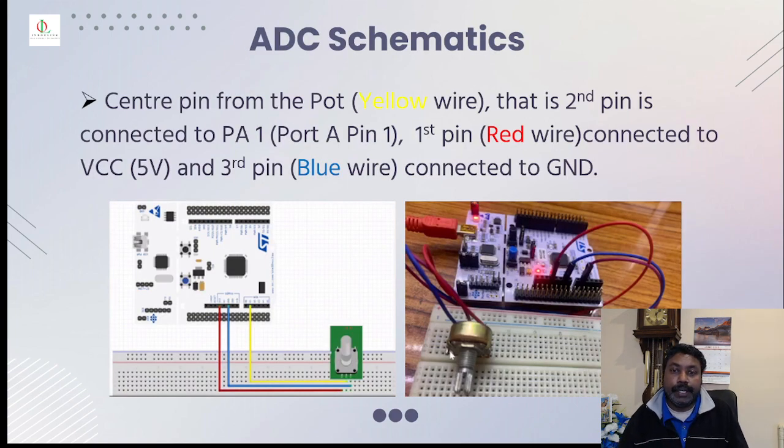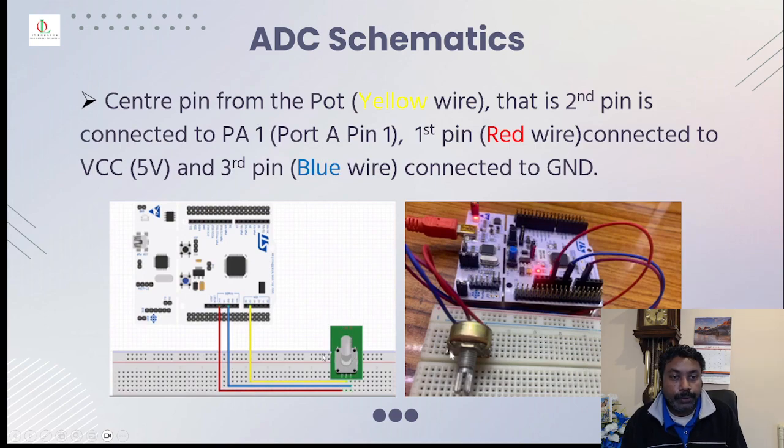And this is the ADC schematic, as you can see from the picture. So this is the 3-pin variable potentiometer. The center pin is connected to analog pin 1, and the first pin, on the far left-hand side, the blue pin, is connected to the ground, and then the other pin is connected to the supply.